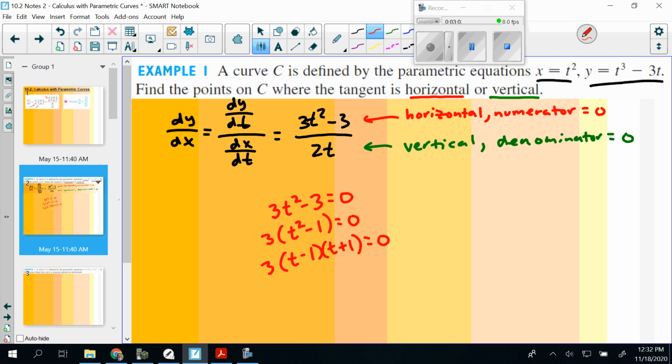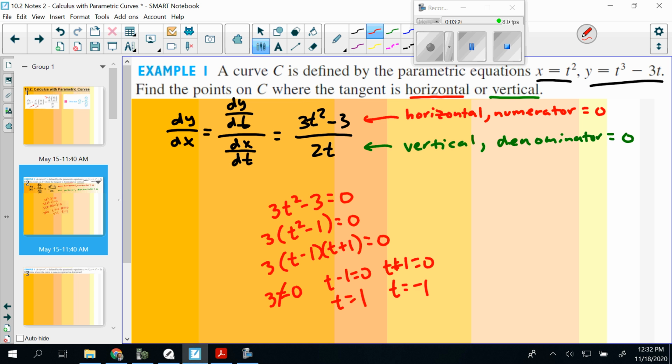That first factor, 3, we don't need to set equal to 0. You can't set 3 equal to 0. The other two, though, we set equal to 0, and you get t equals 1 and negative 1. So there are two points, when the parameter t is 1 and negative 1, where this is horizontal.